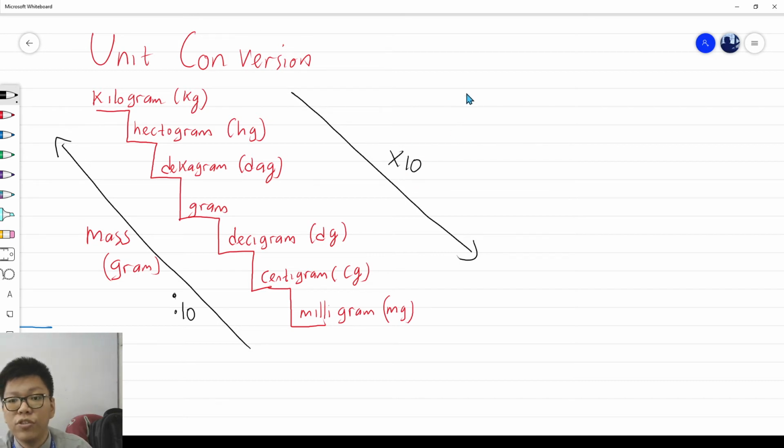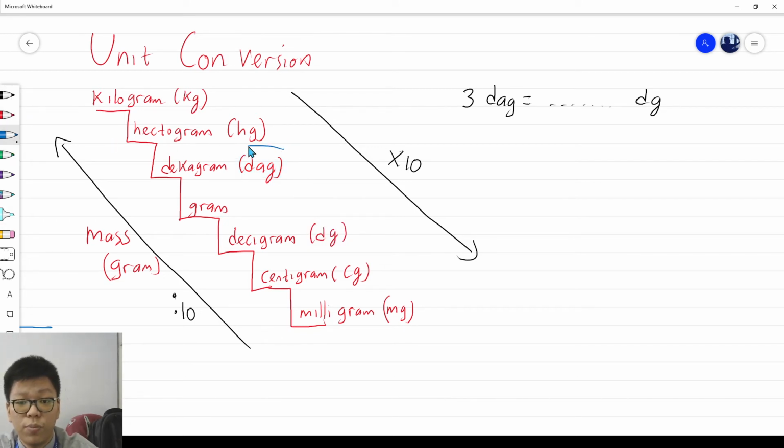Okay, so if I have 3 decagrams, I want to convert it into decigrams. First, you want to locate both. DAG is here, while DG is here. So from DAG to DG, it is going down.